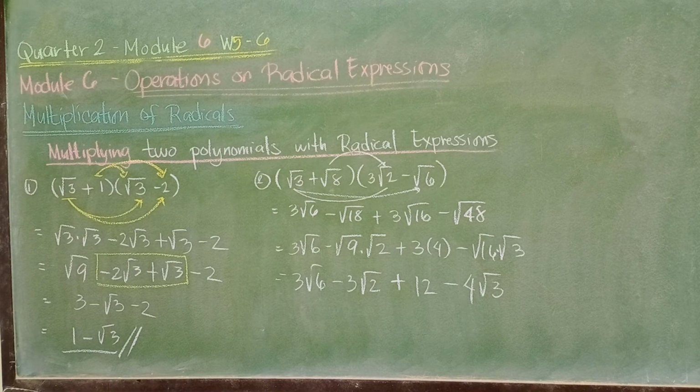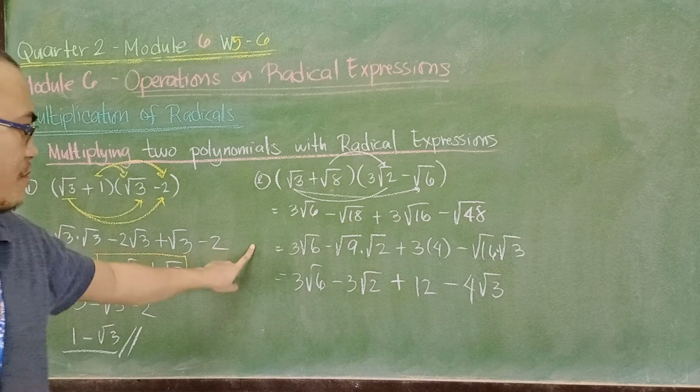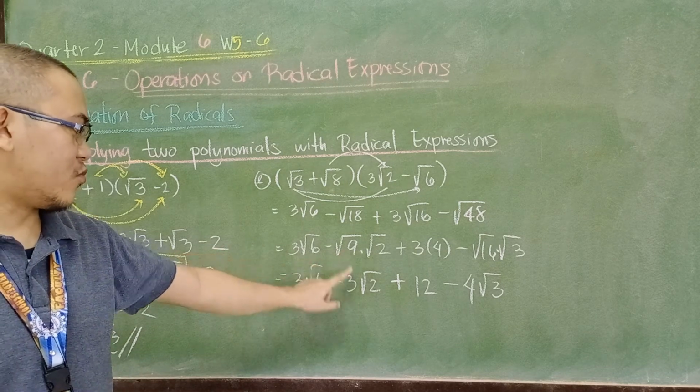Next, tignan natin kung na-simplify na. So meron pa pang pwedeng i-simplify. 3 square root of 6 minus 3 square root of 2 plus 12 minus 4 square root of 3. So dito sa may module natin, naputol hanggang dito lang siya. Pero pwede mo pang i-simplify yung square root of 9, which is 3.